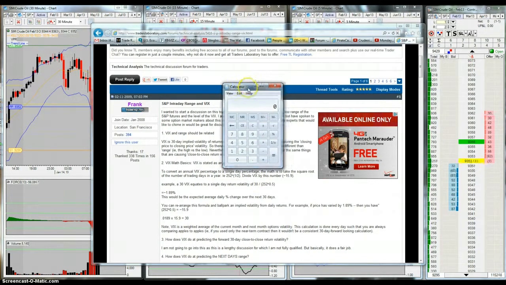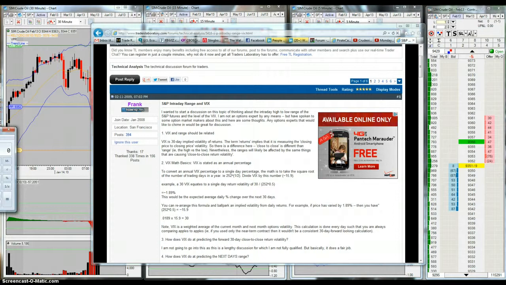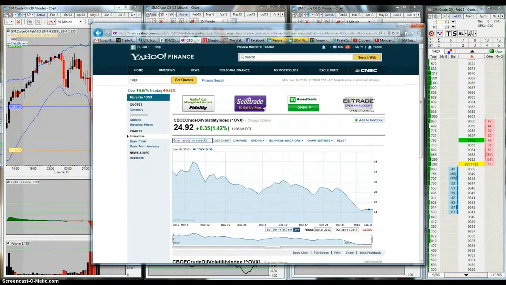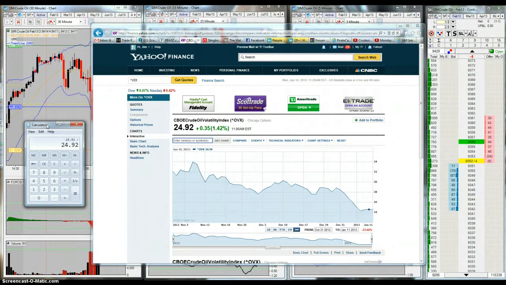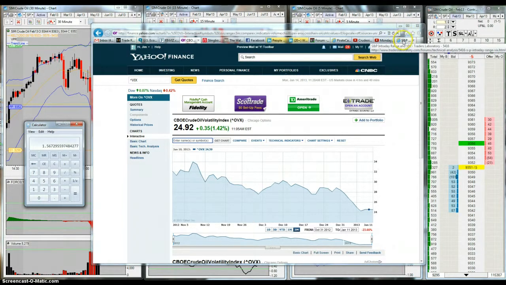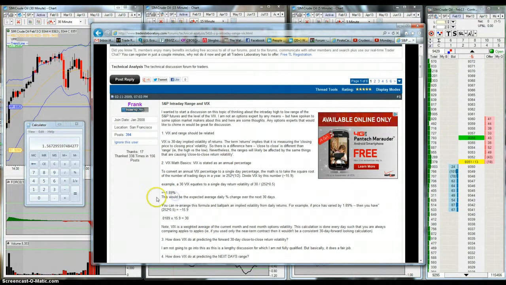So the way to remember is 15.9, and then you take your VIX, which here is, let's just call it 24.92, divided by 15.9. That represents a 1.56% move in the crude oil market.